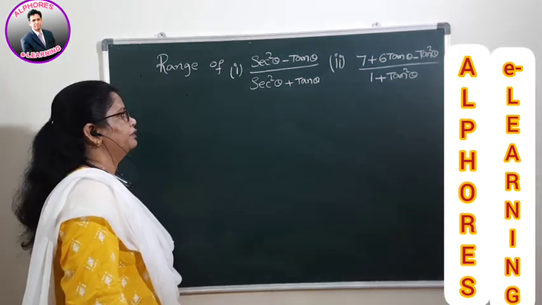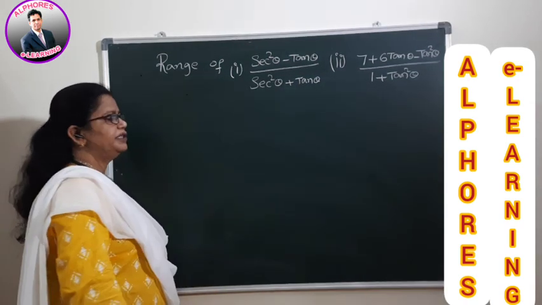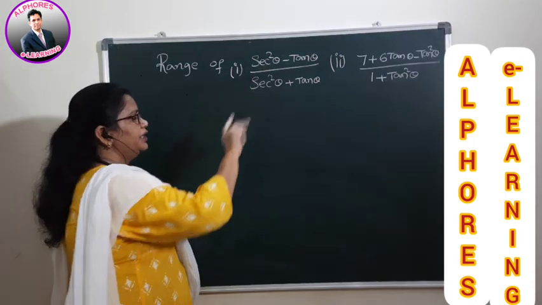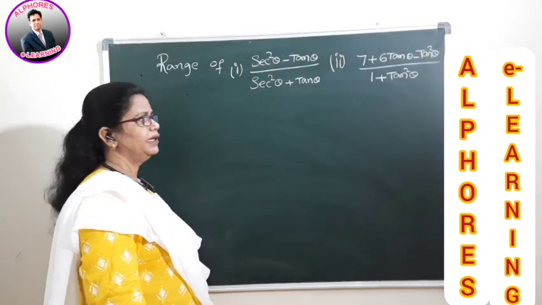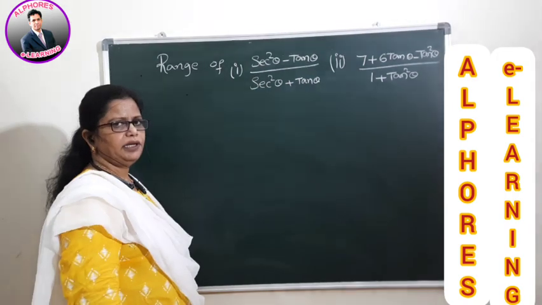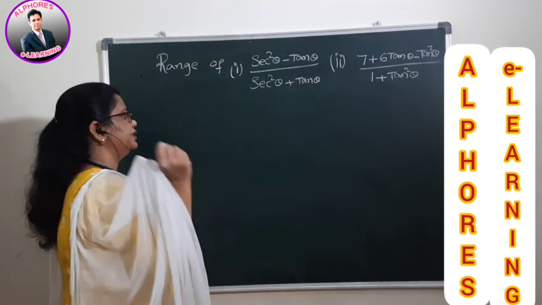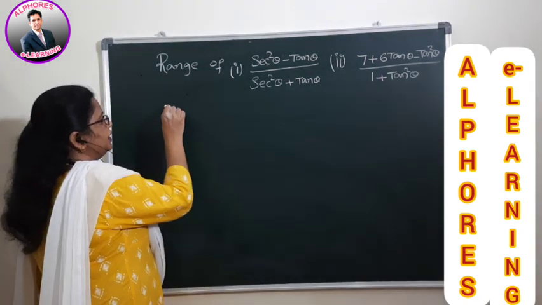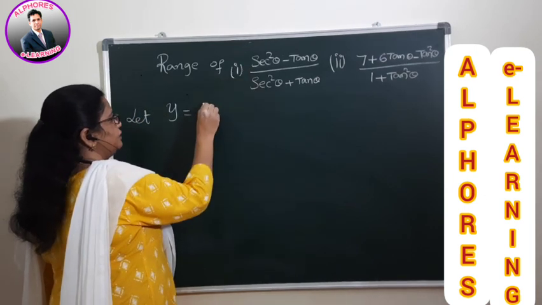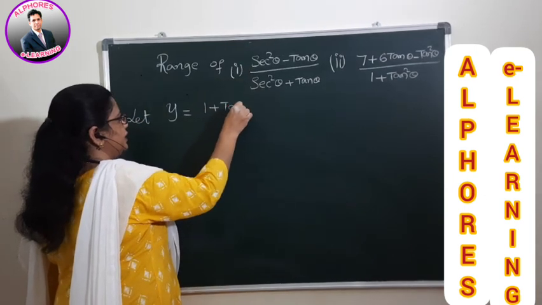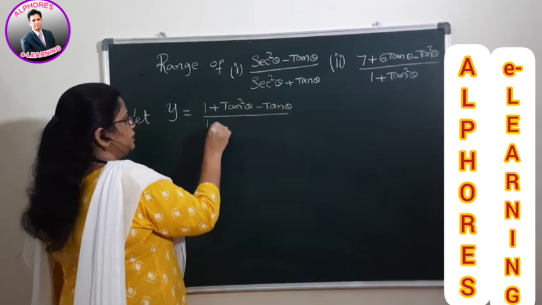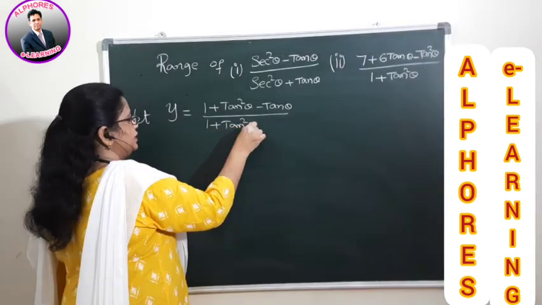Now whenever they ask you about the range of these kinds of functions, what is the method? First, whatever possibility is there, reduce in terms of tan. Secant square you can write as 1 plus tan square. Here also we can write 1 plus tan square. So first let us observe, students, let y equal to secant square, that is 1 plus tan square theta minus tan theta, divided by the denominator 1 plus tan square theta plus tan theta.